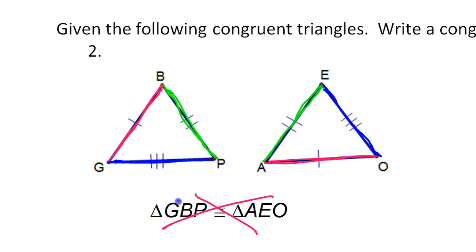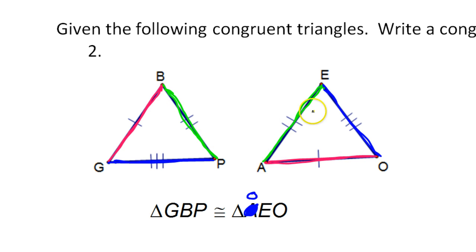So look at the colors. Let's fix this. Angle G is formed by the pink and the blue. Over here, which angle is formed by the pink and the blue? That's angle O. So this really needs to be angle O. Now B is formed by the pink and the green.